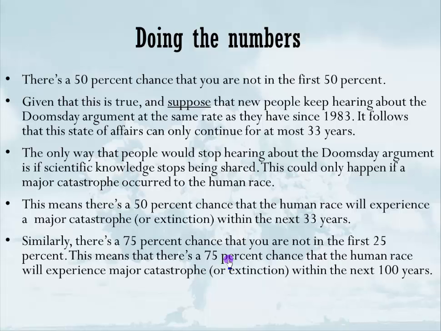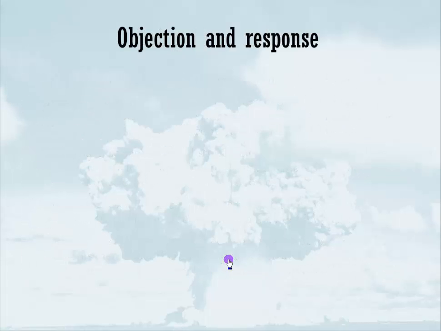So you can calculate these probabilities for any number just by changing the numbers. But one number we have is that there's a 50% chance that the human race will continue without major catastrophe for another 33 years.